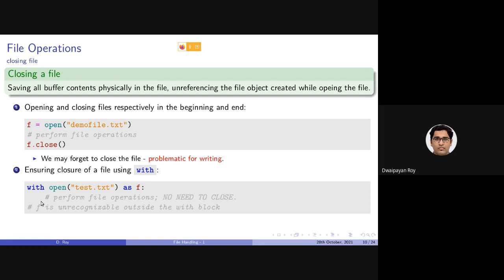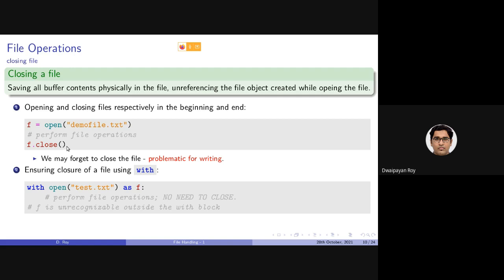Whenever the indentation comes back, on reaching this line, the file will be closed before that. So basically, this code block opens the file in the first line, then performs certain operations on the file, and then implicitly the file is closed. We don't need to call f.close.